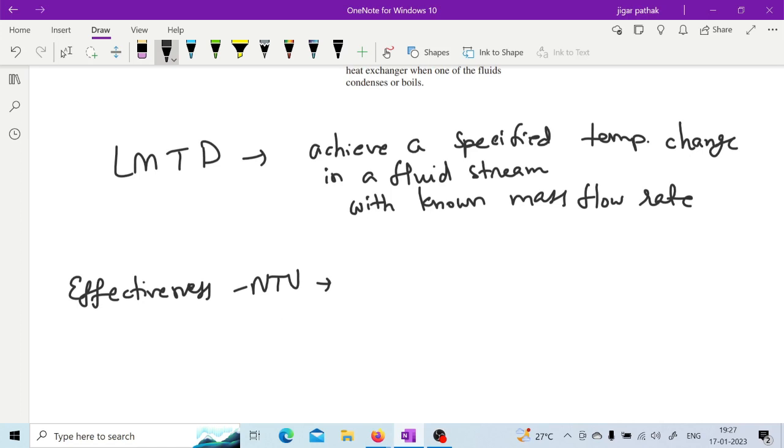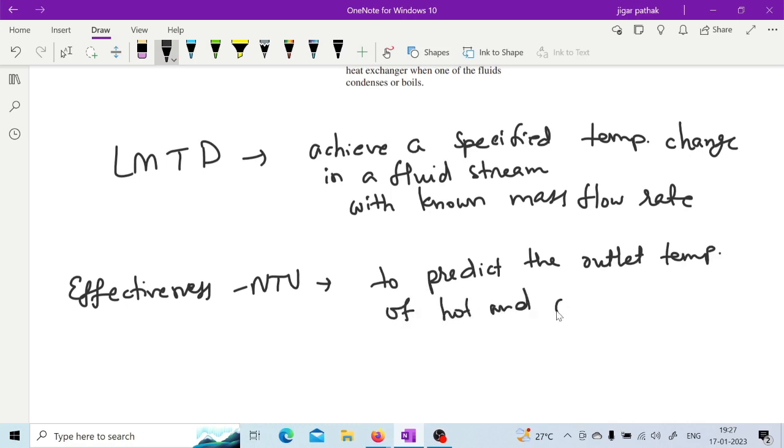At that time this effectiveness and NTU method is going to be applied, so in order to predict the outlet temperature of hot and cold fluid, you use the effectiveness NTU method.